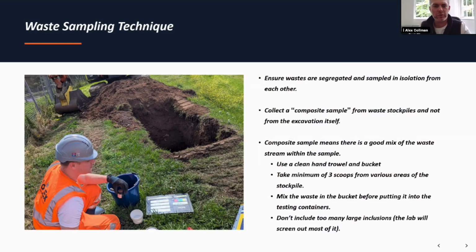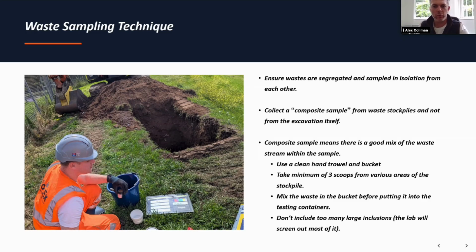So the waste sampling technique, especially in regards to soils, and this is specified within the protocol, is to take an appropriate composite sample. So in the world of utilities, what that would mean is firstly you have to sample from a stockpile. So we're not taking samples from the excavation itself, you're taking it from a stockpile next to the excavation.